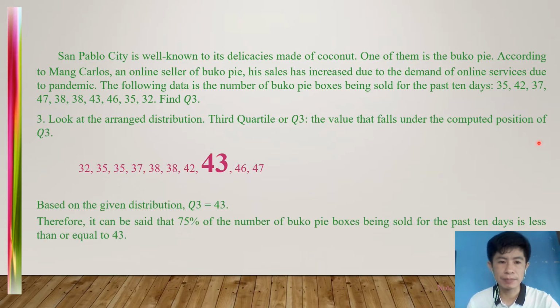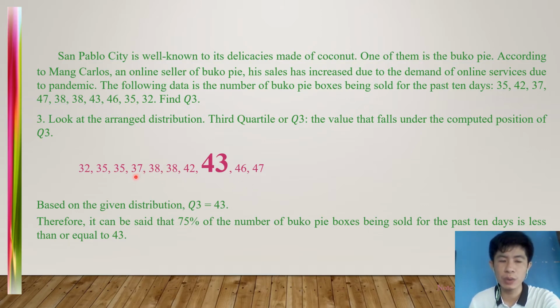Okay, next. After we find the position, we will proceed to step 3. Look at the arranged distribution. For the third quartile, find the value that falls under the computed position of quartile 3. So we go back to the numbers we arranged earlier from smallest to biggest, and we will count.